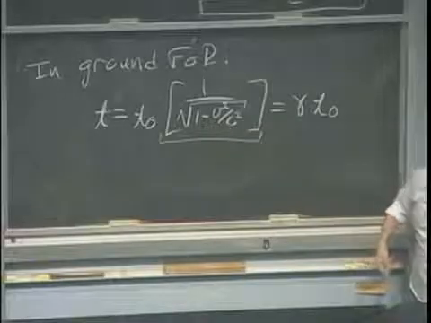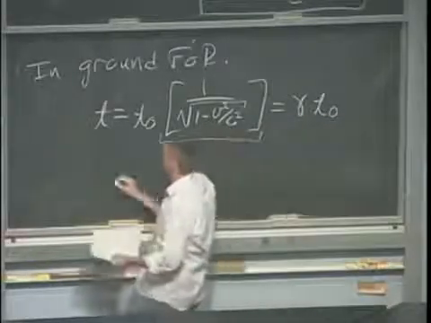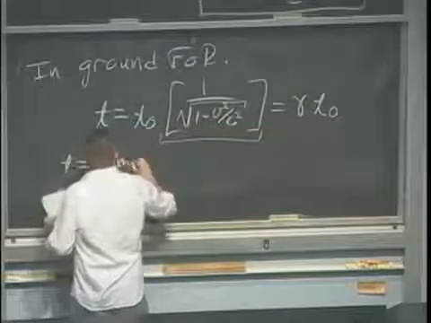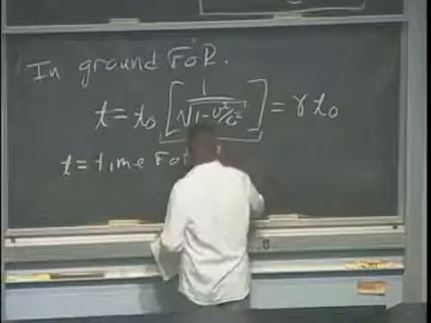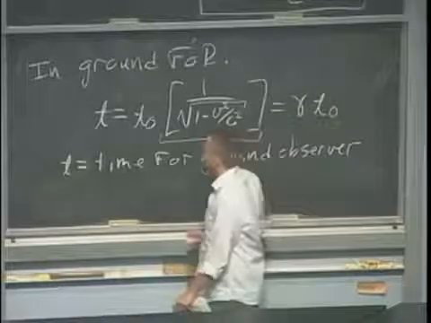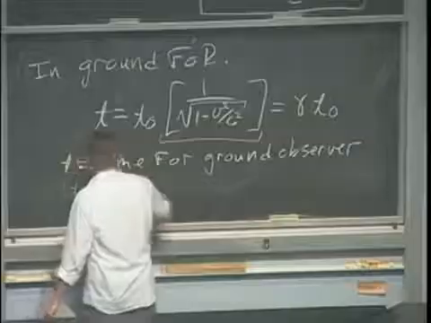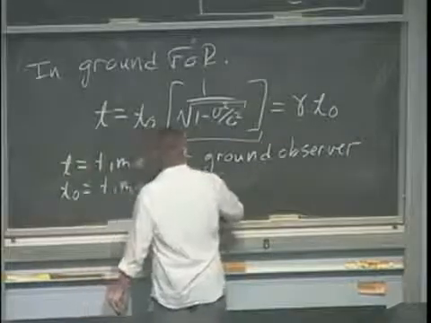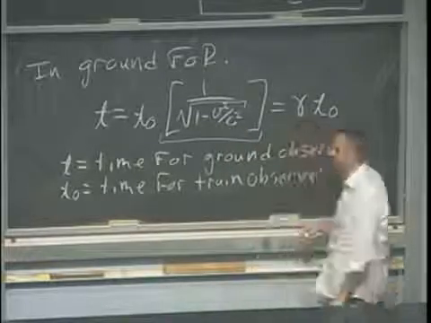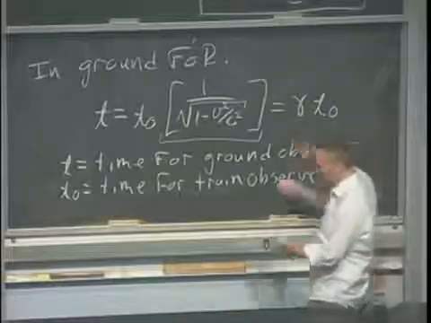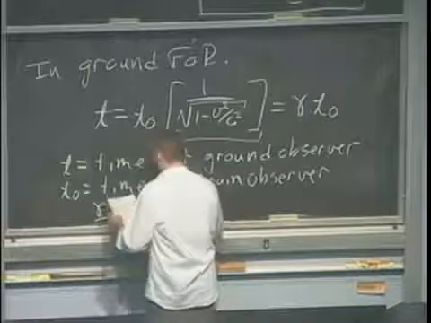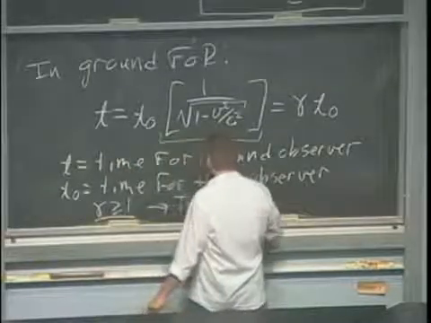Let's clarify this: our symbol T here is the time for the ground observer. T naught is the time for the train observer. They are related by this factor gamma, where gamma is always greater than or equal to 1. And this is called the time dilation factor.